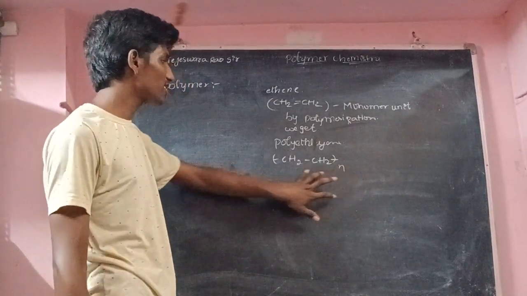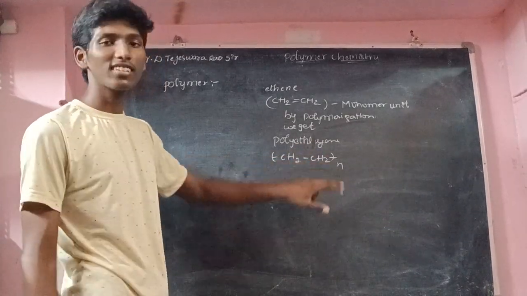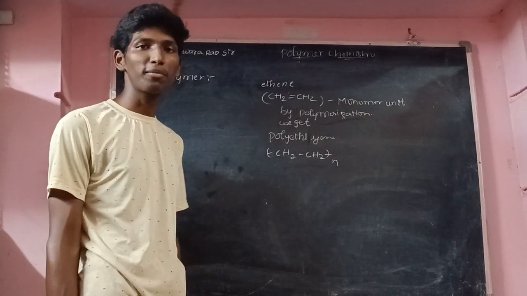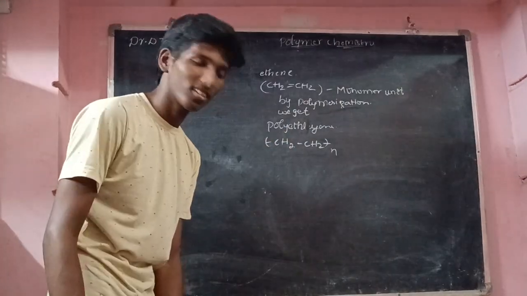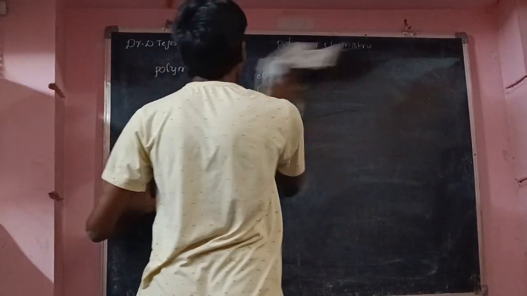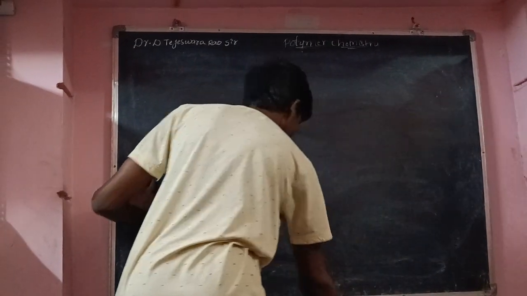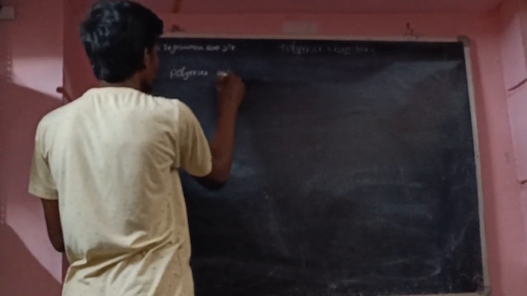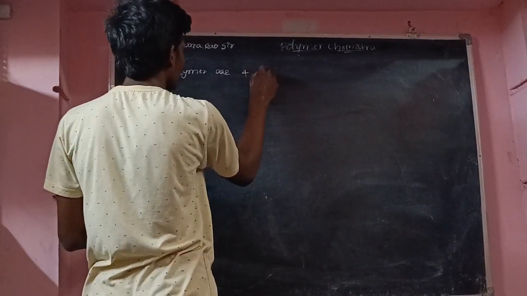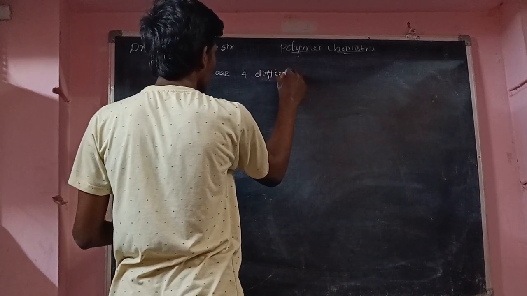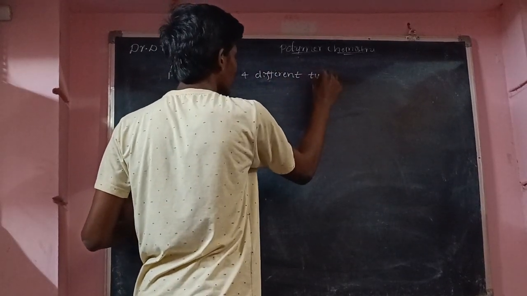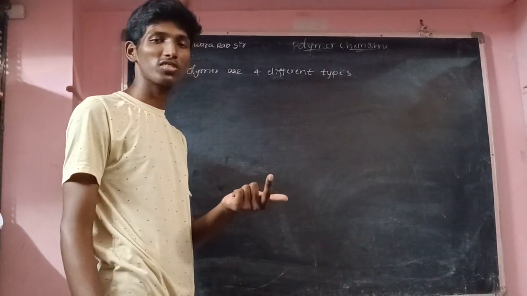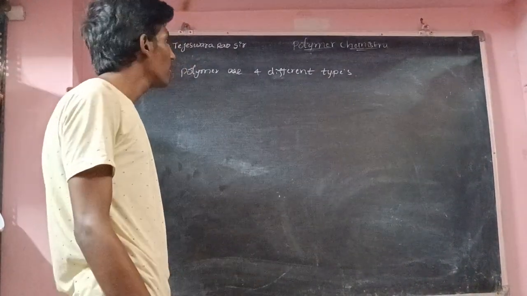We discussed this mechanism of polyethylene in addition polymerization. Polymers are classified into four different types: the homopolymer, heteropolymer, homochain polymer, and heterochain polymer.